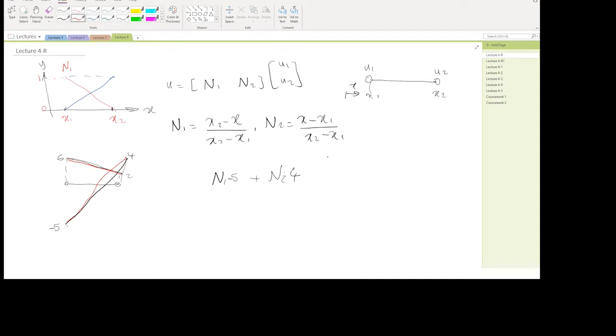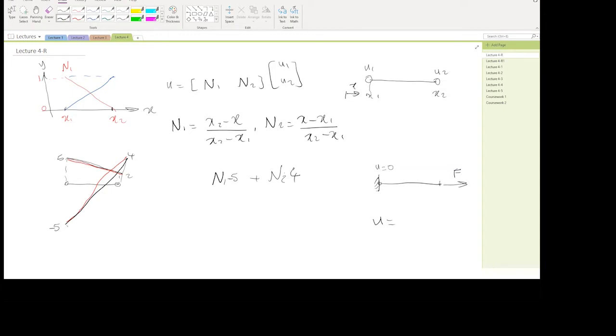Now, if you look into the examples we have been solving so far, the example of a cantilever constrained at one end and loaded with a load F at the free end, then the displacement at the fixed end is of course 0.